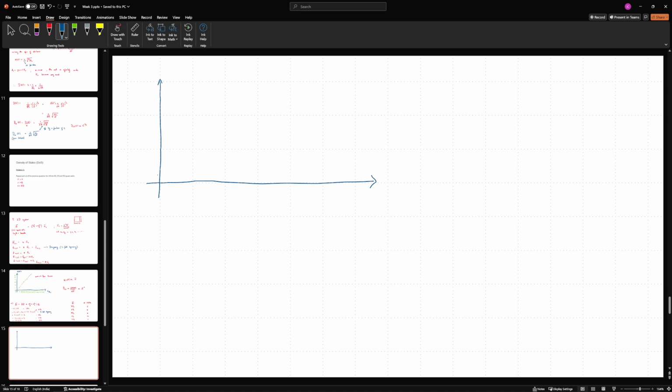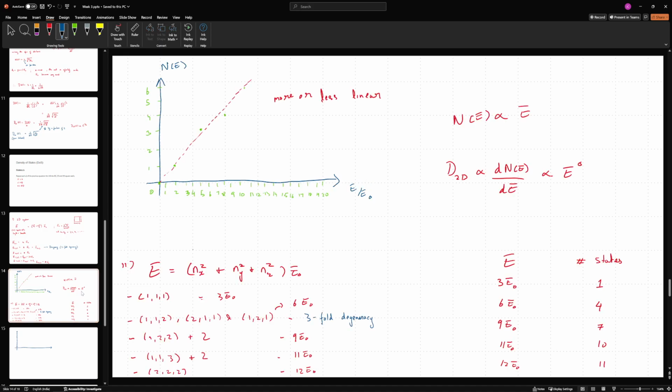So one, take here, here, here, and divide by 4, 8, 9, 10, 11. Yes. And over here, I need the energy values to go all the way to 12.